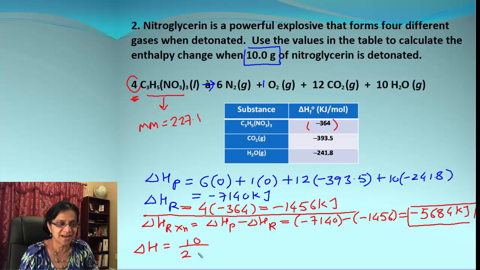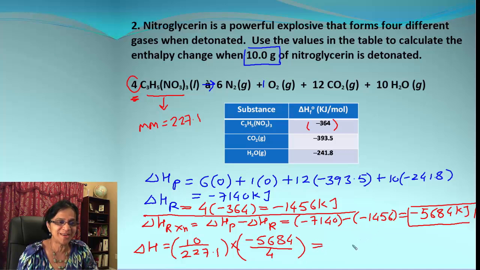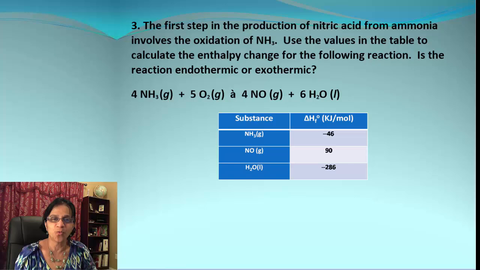So we divide 10 grams by the molar mass, 227.1, and then we need to get the amount of enthalpy per 1 mole. And how many moles did we get? We got 4 moles, so we divide that by 4. And the final answer for this comes out to be negative 62.6 kilojoules. Let's work on one more practice problem for finding enthalpy of reactions.